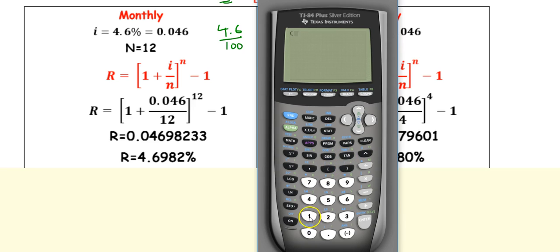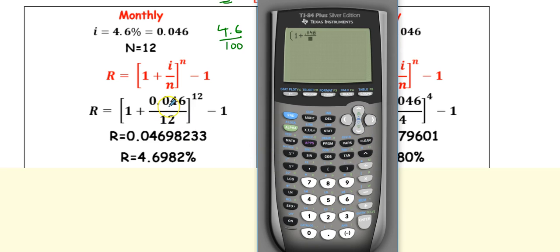Now 1 plus, I have a fraction, so let me go to fraction, 0.046.